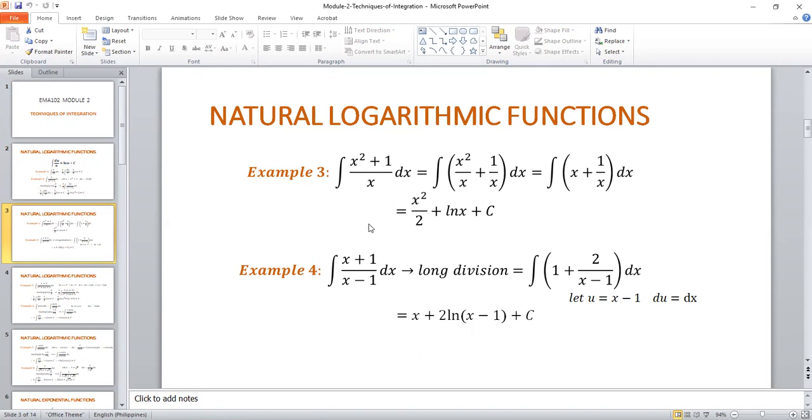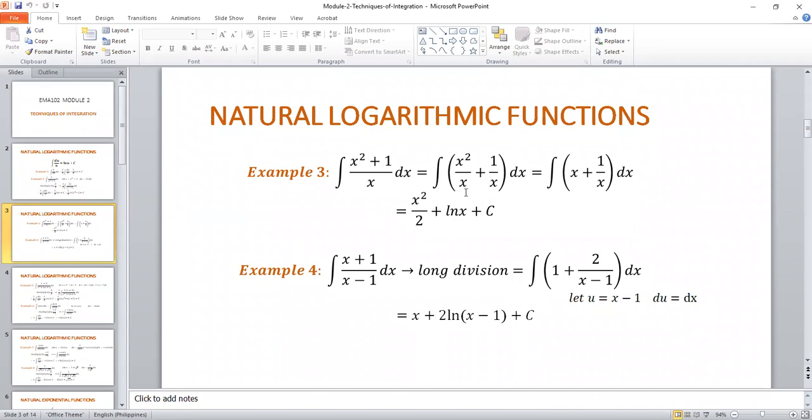So what does your differential calculus or even your algebra tell you? Before you even check whether you can use the formula for natural logarithmic functions, meaning an integral that will yield a natural logarithmic function, if the degree of the numerator is higher or equal to the degree of the denominator, divide first.